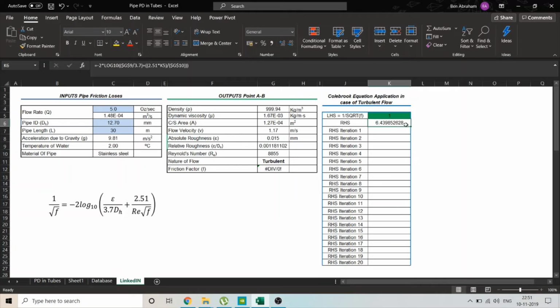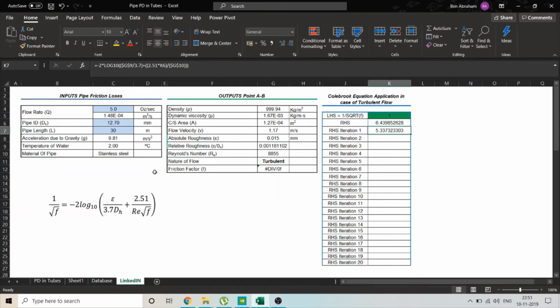All I need to do in Excel is just pull this cell down. So all the cells that have the dollar sign are referenced as is, but the changing value, which is 1 by square root of f, which I considered as 1, and I got a value of RHS here, gets substituted into here. So each time, now I've got the 5.3373 value.